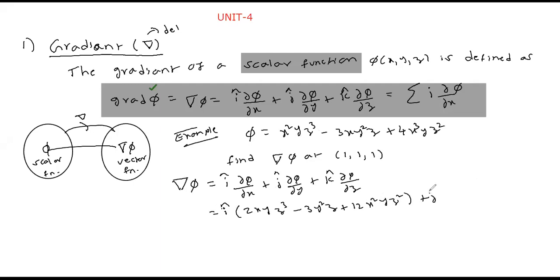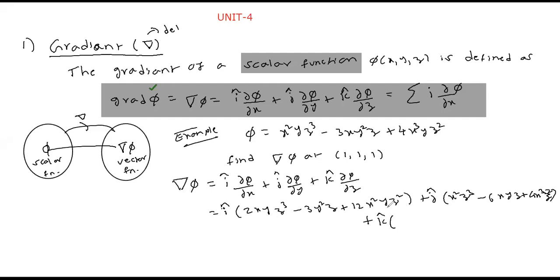Plus j into the derivative with respect to y: x square z cube minus 6xyz plus 4x cube z square.